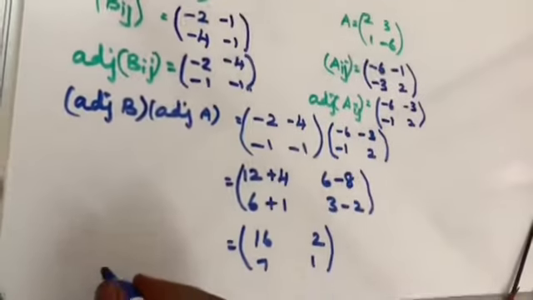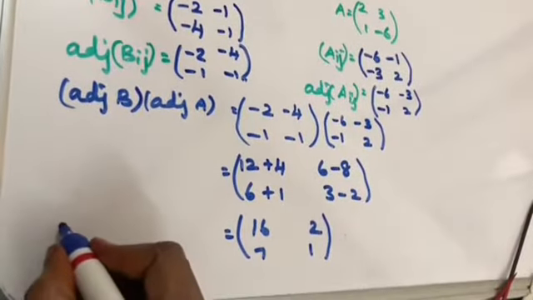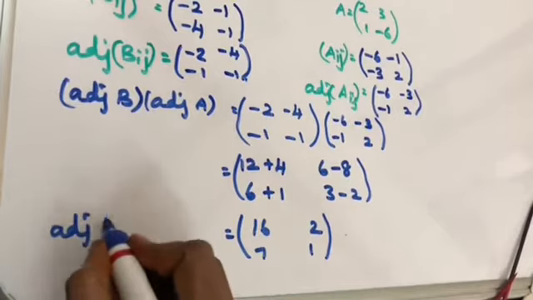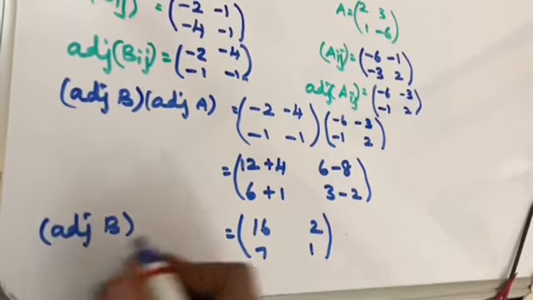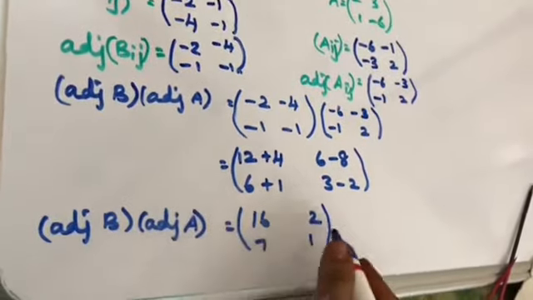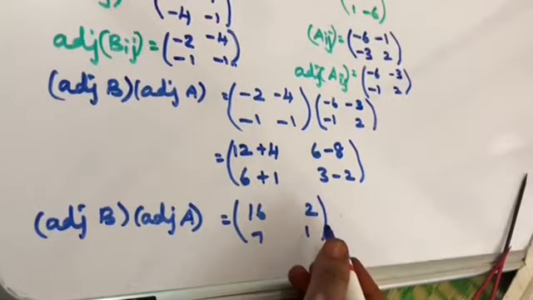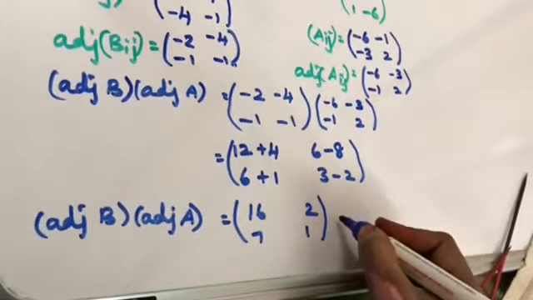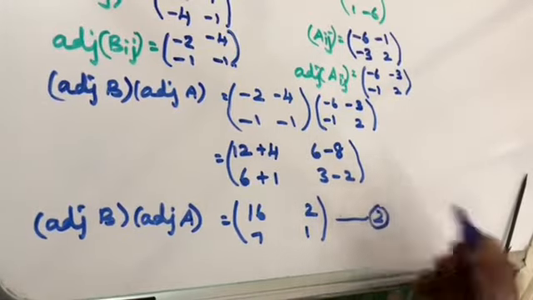So this is adjoint B into adjoint A. It is 16, 2, 7 and 1. So this is equation number 2.